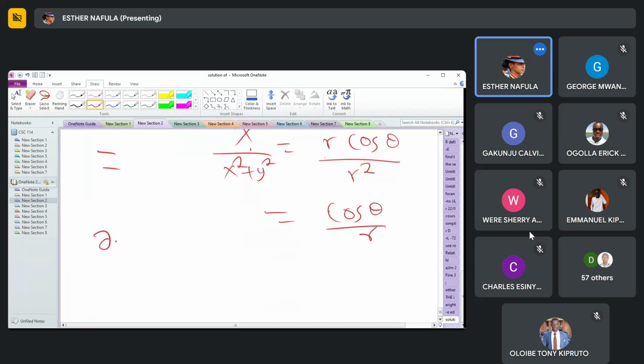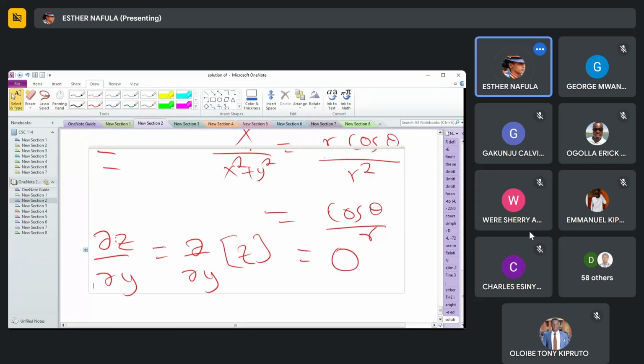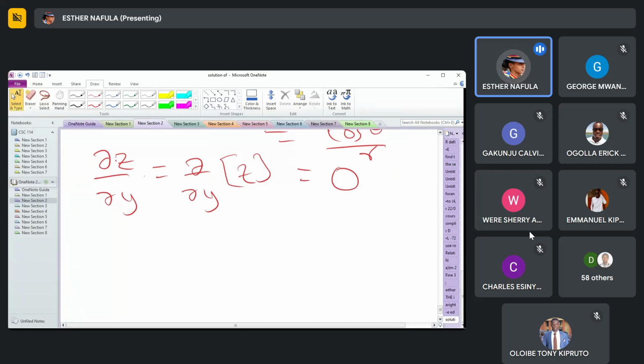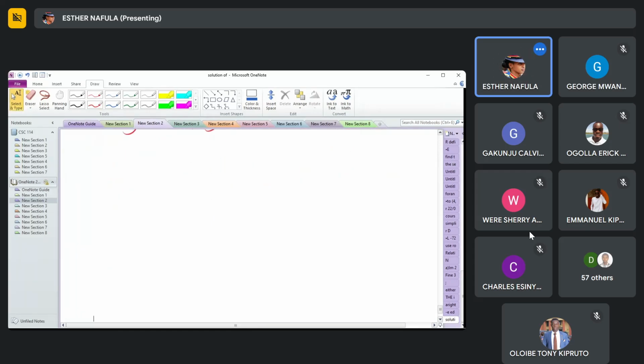We need partial z, partial y. This is the partial derivative with respect to y of z, which is just equal to itself. So differentiate z with respect to y, treat it as a constant, get 0. So we can now give an expression for partial u partial y.